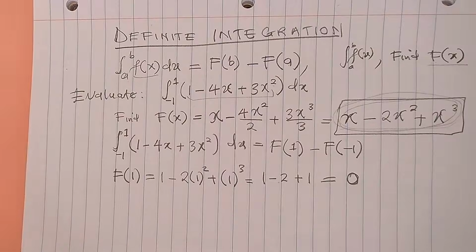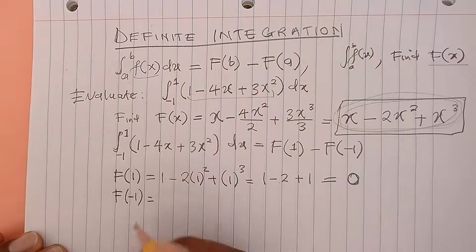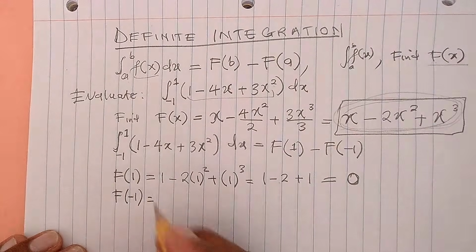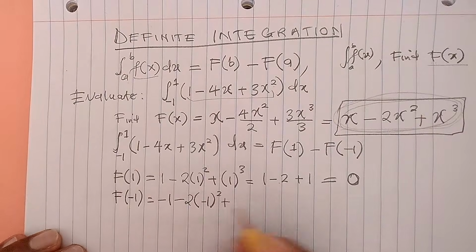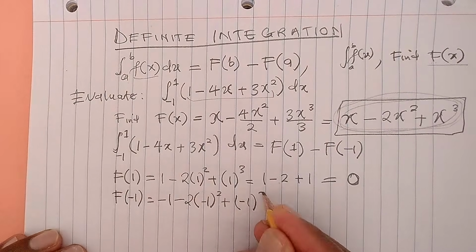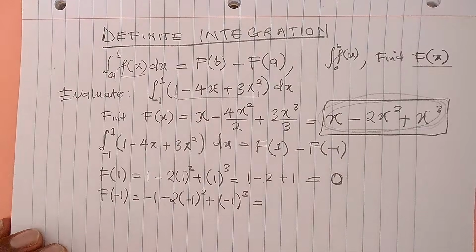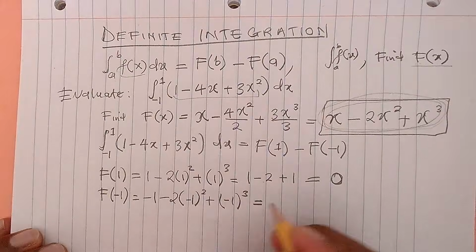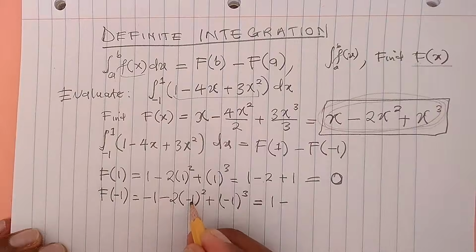Then the next thing is to compute F at negative 1. So where there is x, I put negative 1 minus 2 times negative 1 squared plus negative 1 to the power 3. Okay? Then let us go ahead and simplify this. This is just 1 minus, because this is negative 1 squared, so it will be 1, right?